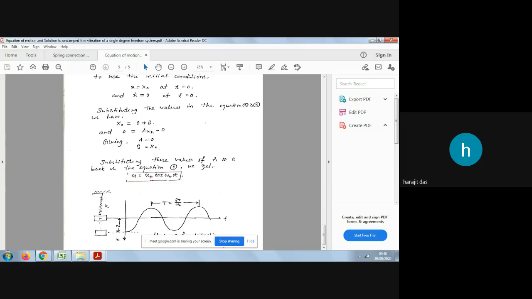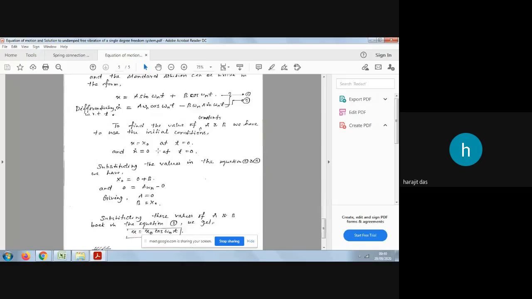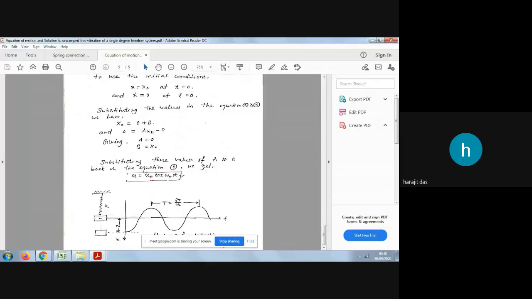Because you have started the motion from the downward position, displacing it in the downward direction, you are getting the curve as a cosine curve. So this is actually the proof why the equation of simple harmonic motion is a cosine curve or a sinusoidal curve. This is the equation of motion, and this is the solution for that equation of motion of an undamped single degree freedom system.